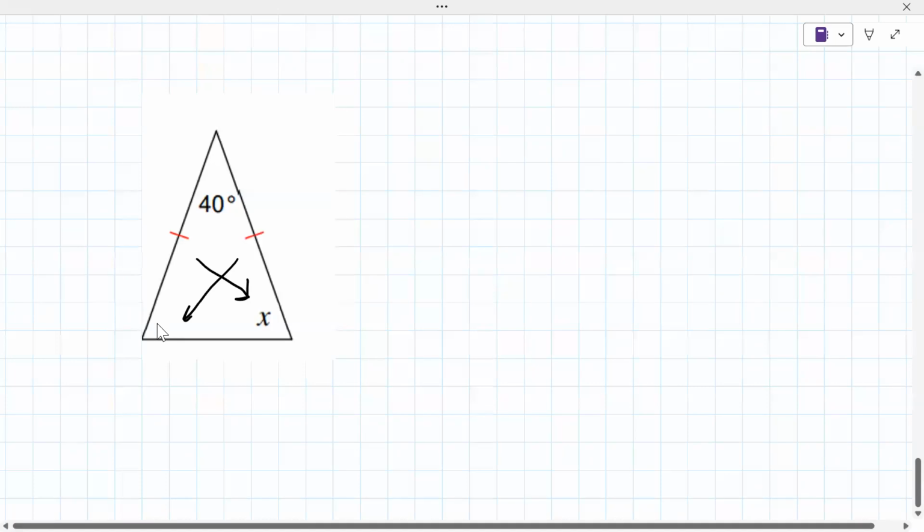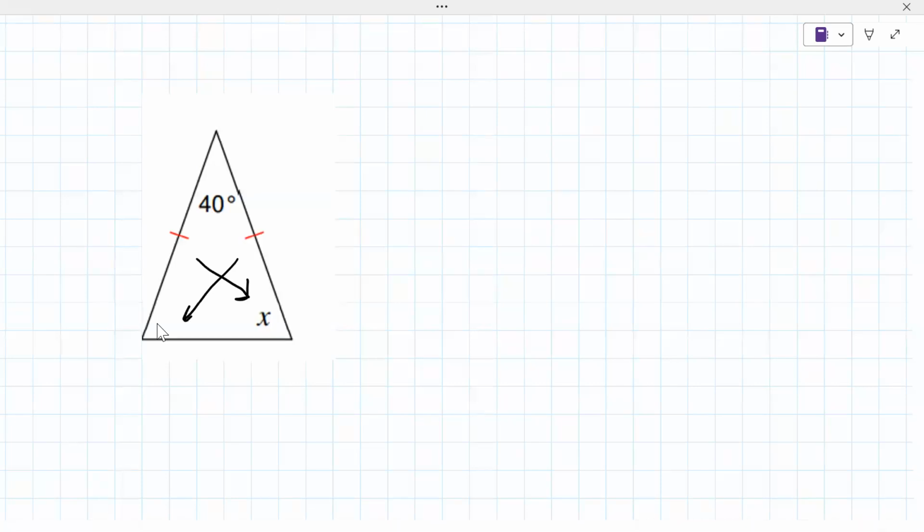Is it 40 or is it x? No, it's not 40. It's x. So the three angles add up to 180, and both x's are 70. Right, good.